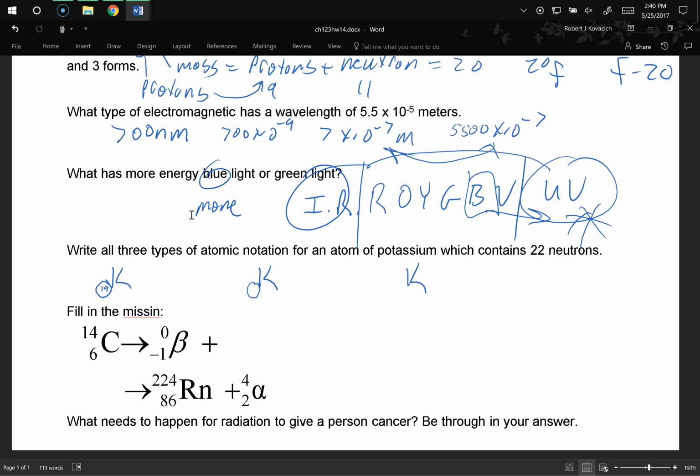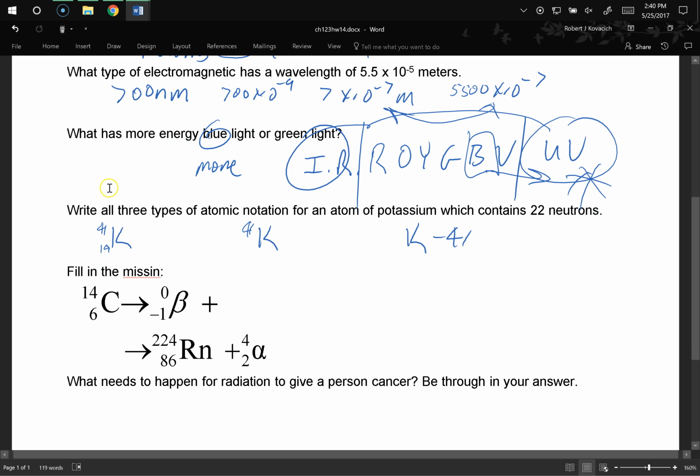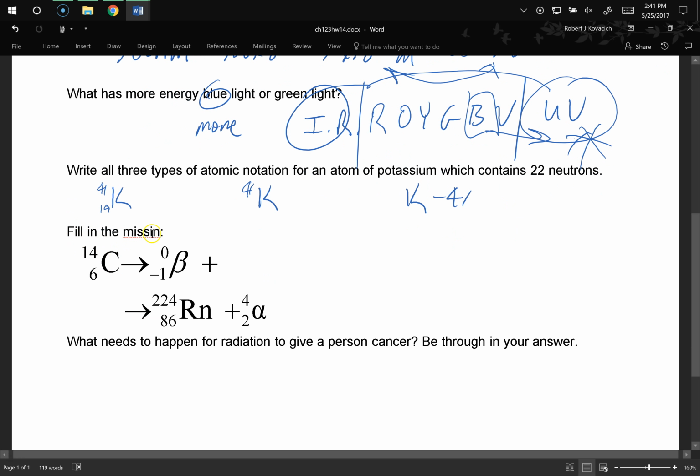Nothing. Up top? 41? Okay with that? So then there's a 41 here, and there's a dash 41 here. There we go.